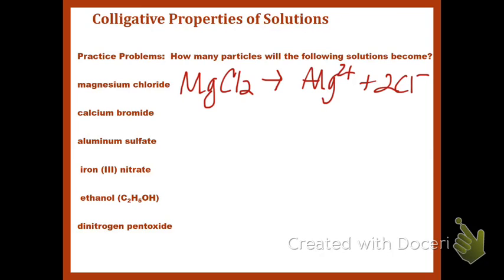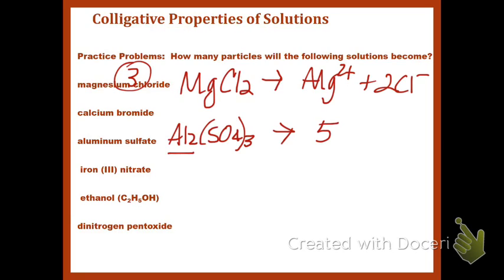So it would give you a total of 3 particles. Okay? How about aluminum sulfate, which looks like this? How many particles would it give you? 5. It would give you 5, because you would get 2 aluminum and you would get 3 sulfate particles, so you would get 5.